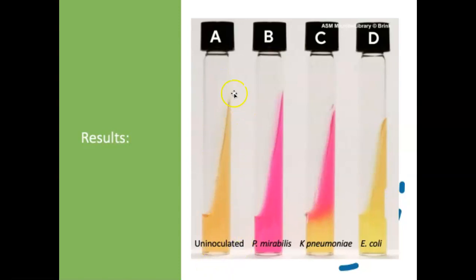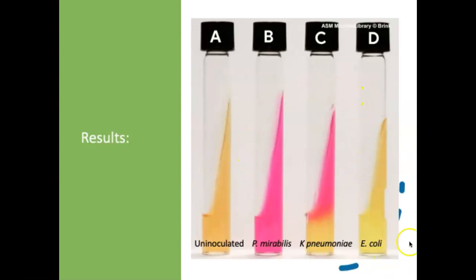Remember, you always want to run an uninoculated tube through your experiment. In other words, I'm going to inoculate with Proteus, I'm going to inoculate with Klebsiella, I'm going to inoculate with E. coli, and then I'm going to take a 4th tube that I don't inoculate, and I'm going to do everything to this control tube that I do to these other tubes.